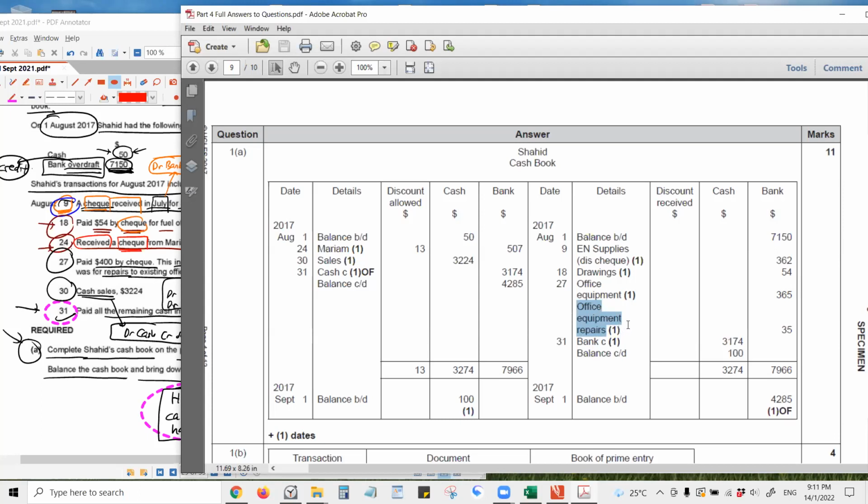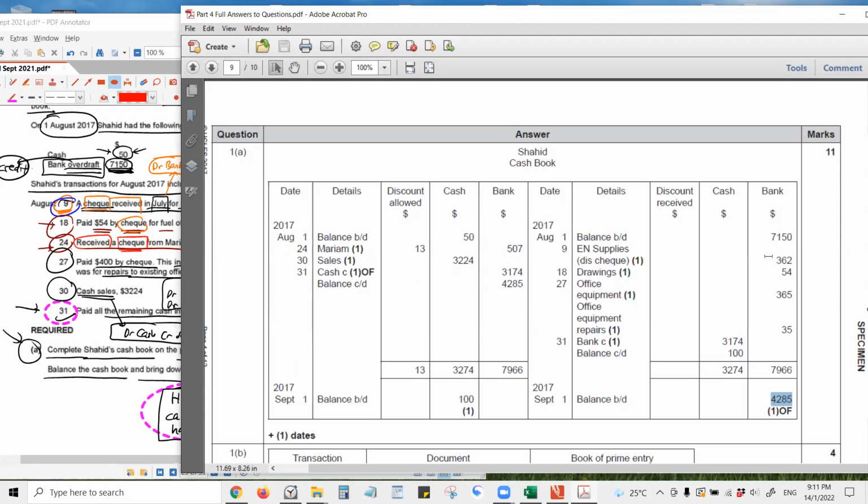And let me explain what this OF means. Some students may make mistakes when they are doing the earlier entries. Agree? Common, right? Mistakes sometimes happen for the earlier entries. So if you have made any mistakes in the earlier entries, then the number that you get here, 4285, could be wrong, right?